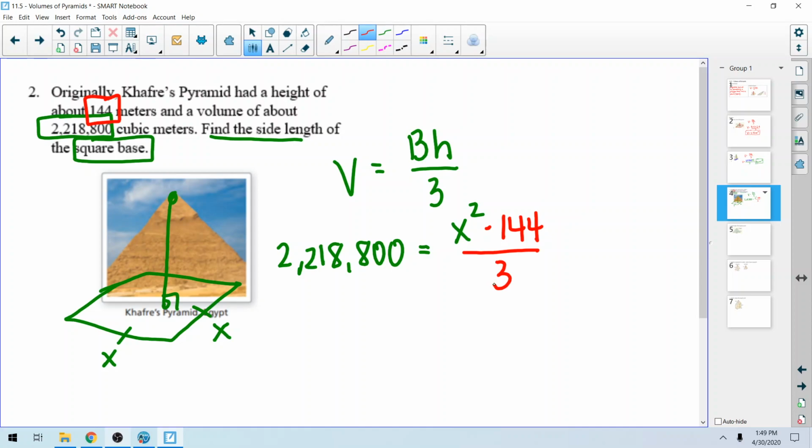Now we have this formula, and we have to solve it for x. First thing I'm going to do is multiply both sides by 3. So 2,218,800,000 times 3 is a really big number.